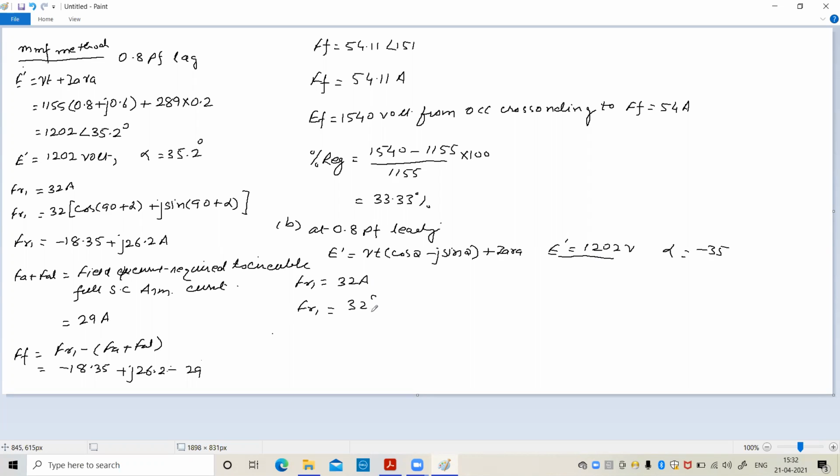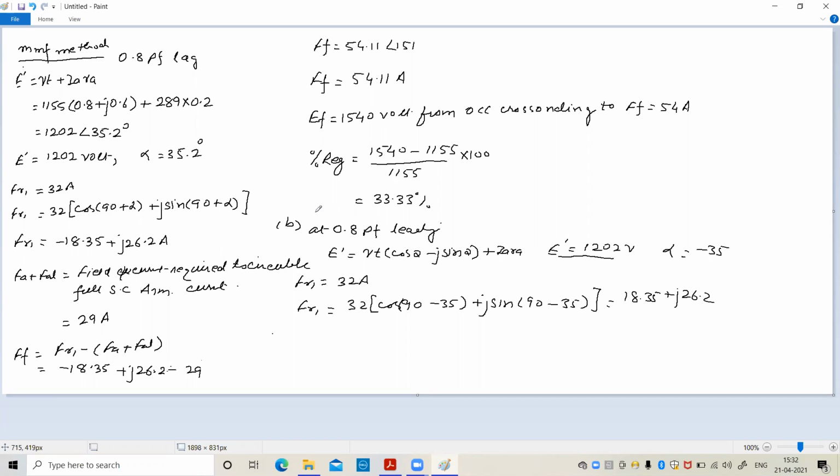It is 32 into bracket cos of 90 minus 35 plus j sin of 90 minus 35, and hence the value of FR1 is 18.35 plus j 26.